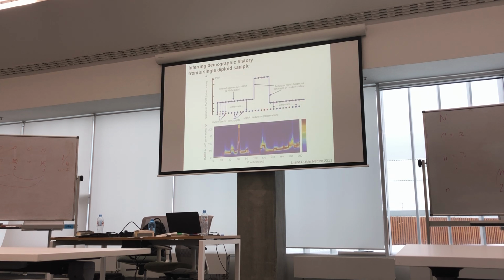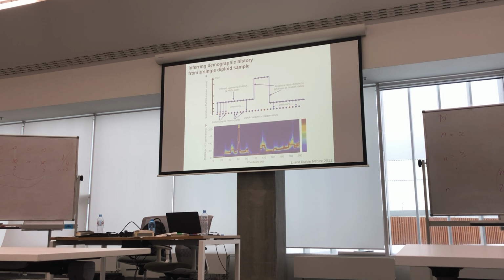There is an actual method for that, actually a bunch of methods, but the most popular one is something called PSMC, that's pairwise sequentially Markovian coalescent. You do not have to remember that, although you will be using it in the computer lab. Yeah, that's the method that we'll be using in the computer lab.